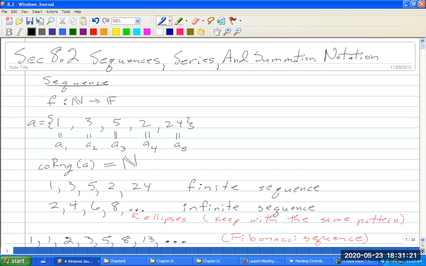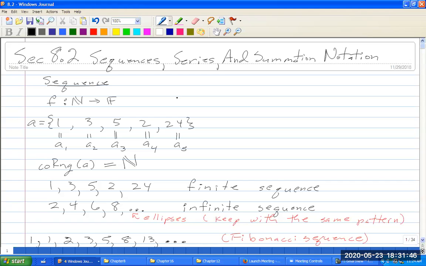So suppose that we have the following sequence: 1, 3, 5, 2, 24. A whole bunch of numbers. Let A denote that sequence. Rather than writing it as f evaluated at 1 is 1, f evaluated at 2 is 3, etc., we write these as subscripts.